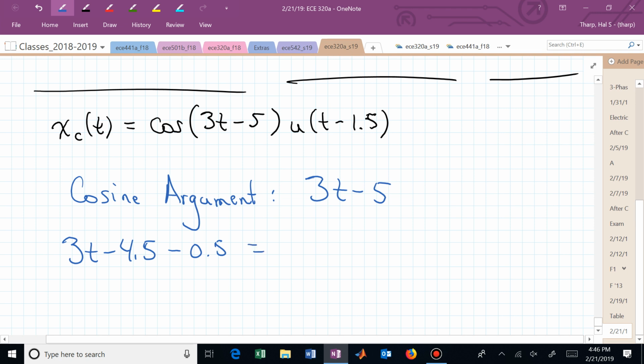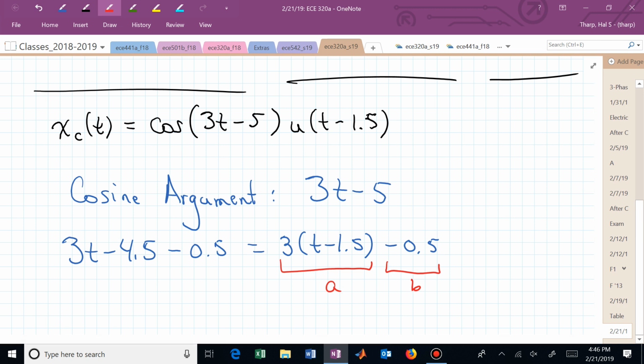But this is now 3 times (t minus 1.5 minus 0.5). And in my cosine expression, I now have a plus b. And I can use some trig, cosine of a plus b, to account for this little additional piece that is now in my argument of the cosine waveform.